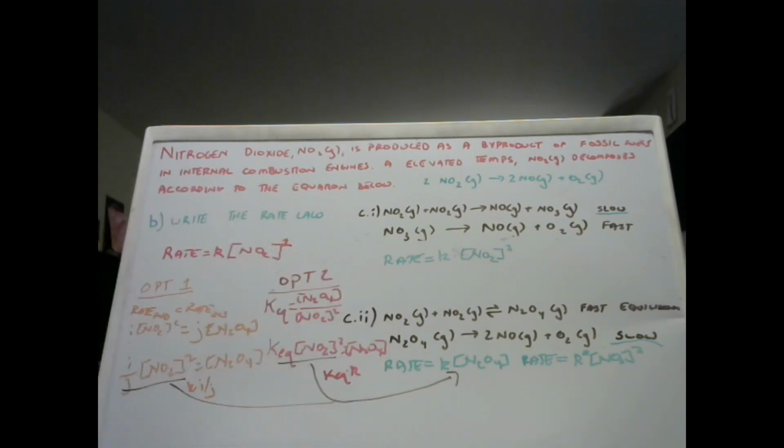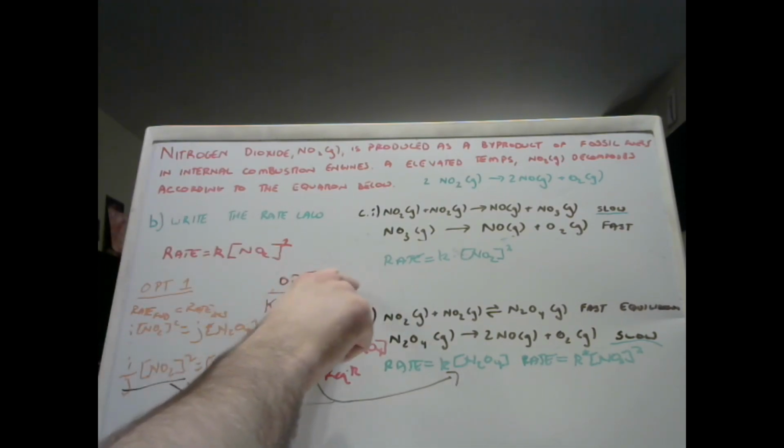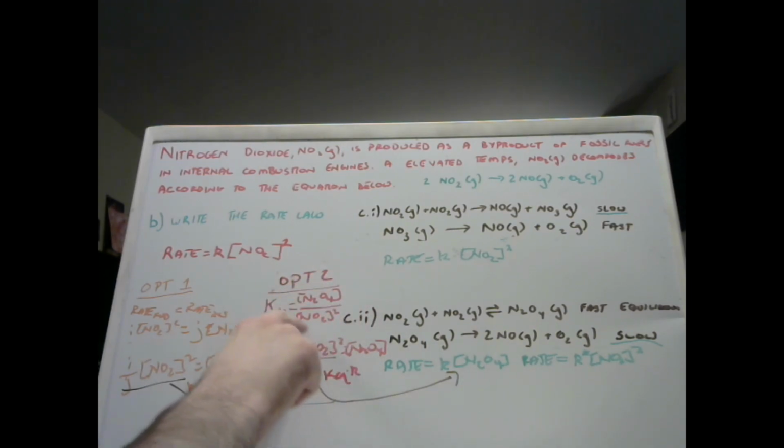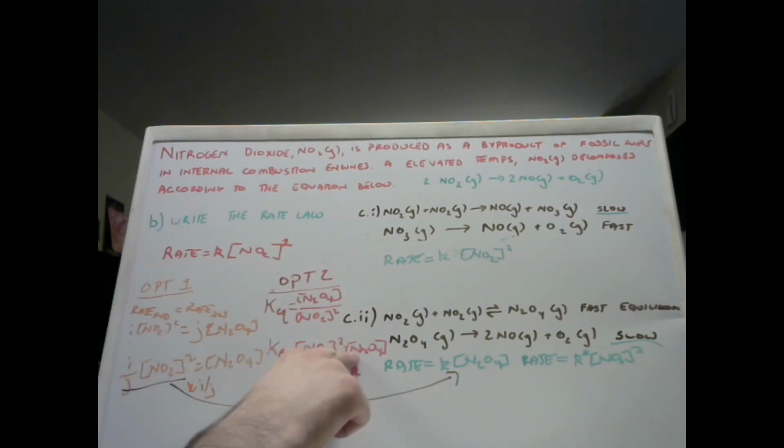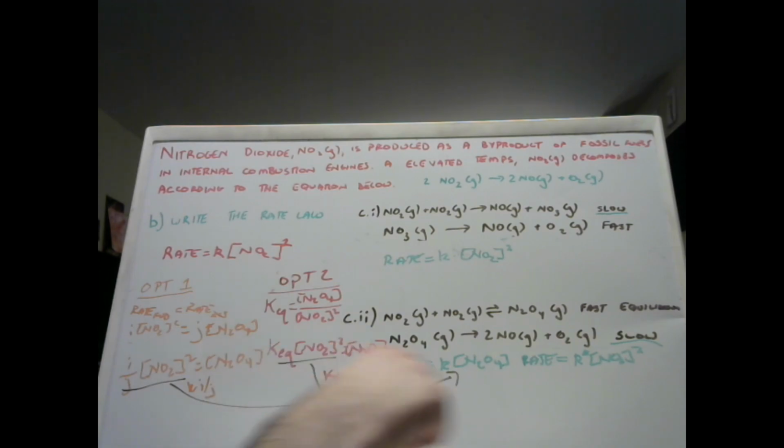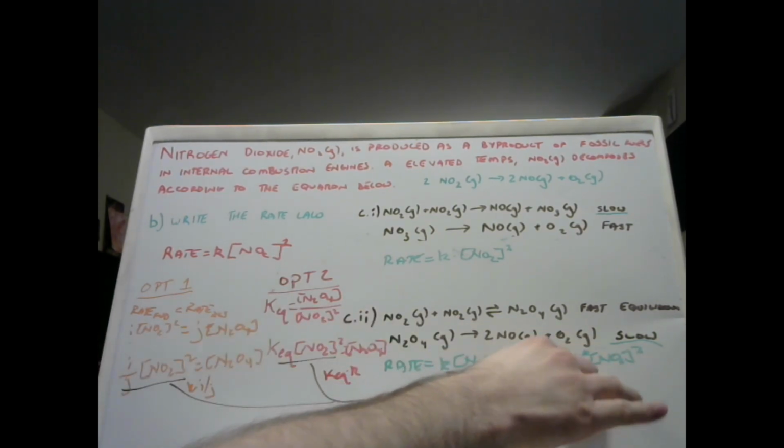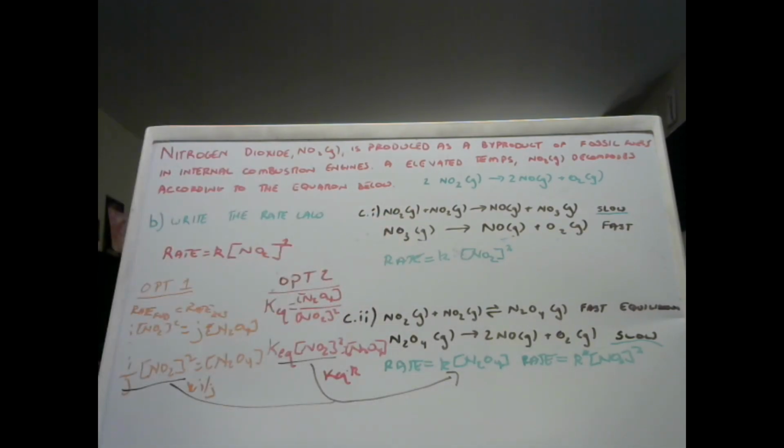Since this first step is a fast equilibrium reaction, we know that there will be a Keq expression with the products over the reactants. If we rearrange that and solve for the N2O4, we will get this expression, which we can plug in, and that would then simplify down to the rate law that matches the one that was experimentally found. Go ahead, feel free to ask questions about that, but that's a general explanation for number 6.